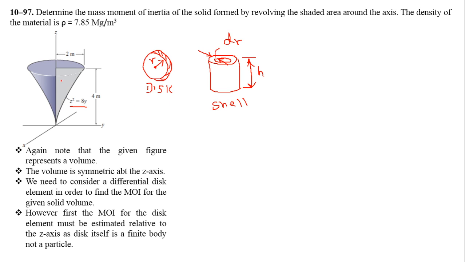In this case, the outer edges of this 3D volume have a function, so it is not really like a cylinder along its vertical direction. So this shell element cannot be considered here, but this disk element can be considered. It will very accurately follow this description of function that is given to us.